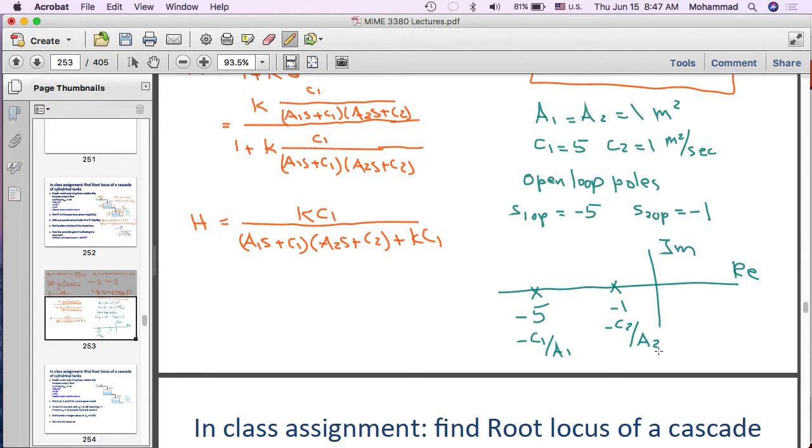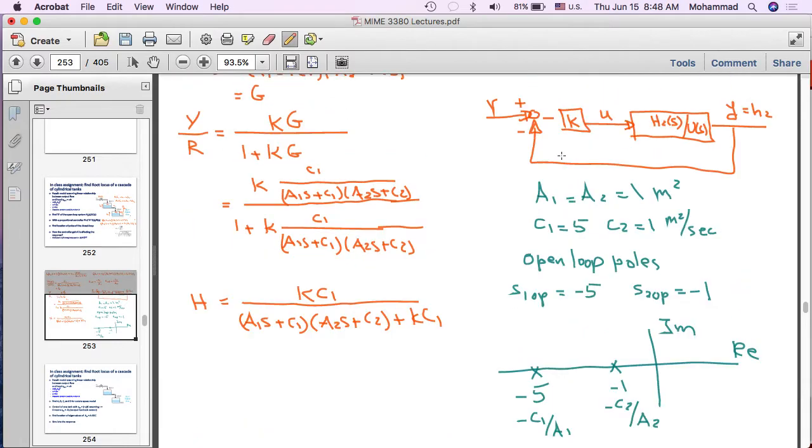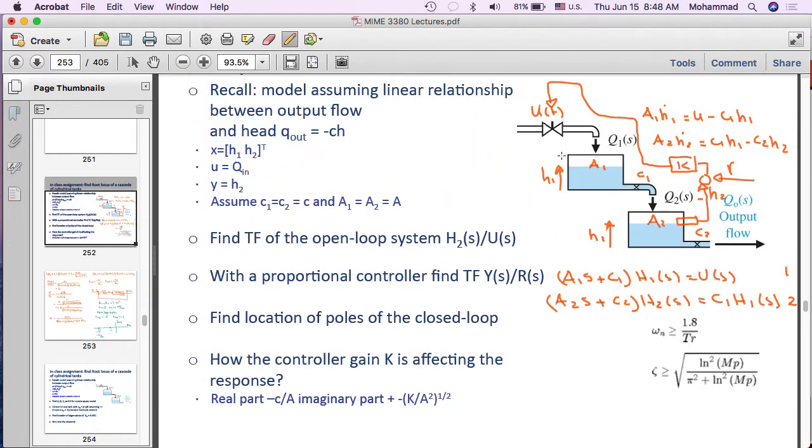But why is that? What does it mean physically that the first pole is not dominant, but the second pole is dominant? If you look closely, you can see that this negative 5 comes from the fact that C1 is 5 times larger than C2. If you look at the physical system, C1 defines how much fluid loss we have from the first tank, and C2 defines how much fluid loss we have from the second tank.